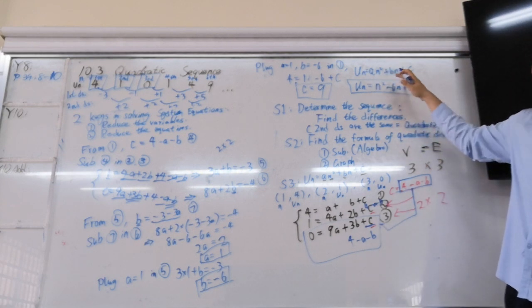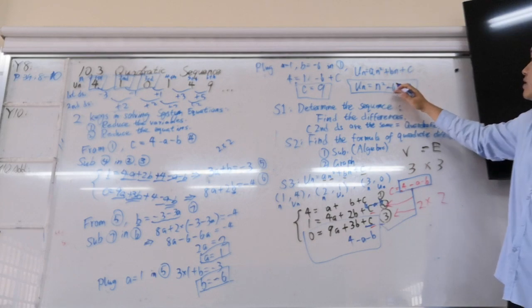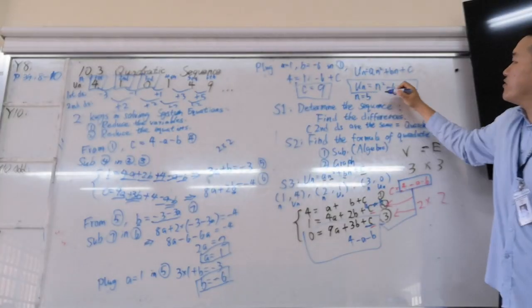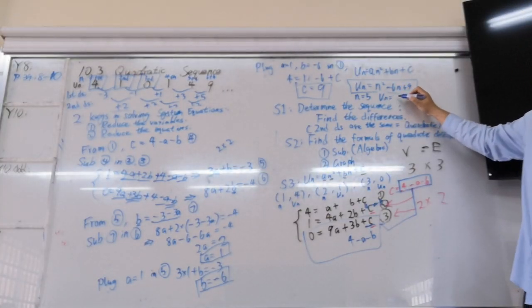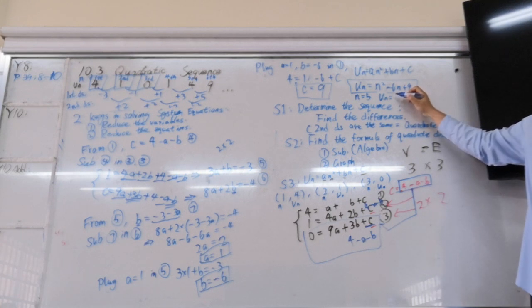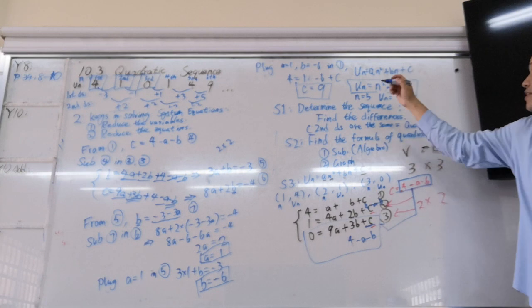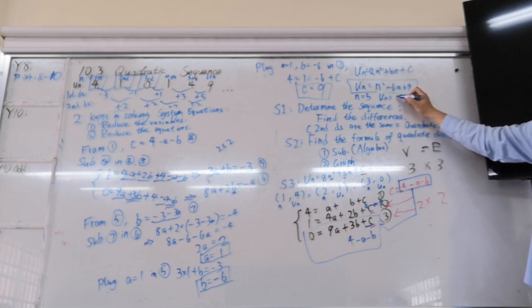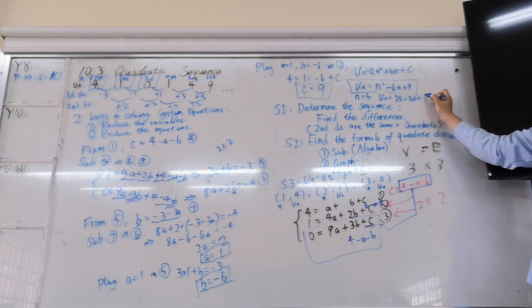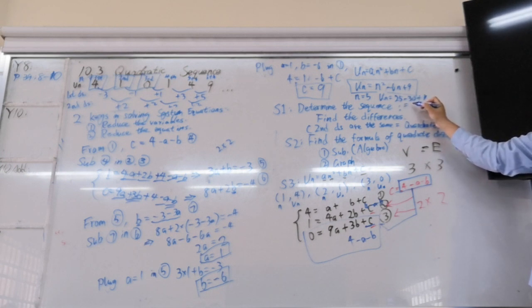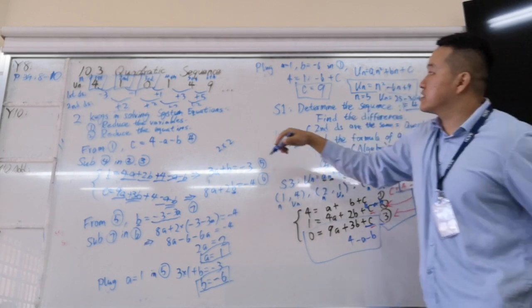If I ask you what's the fifth term, when n is 5, your un becomes what? 25 minus 30 plus 9, which is 4.